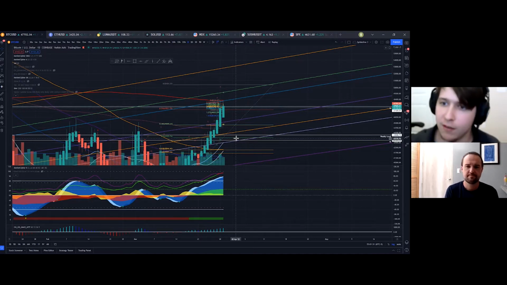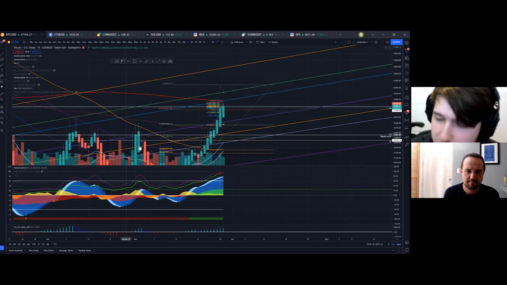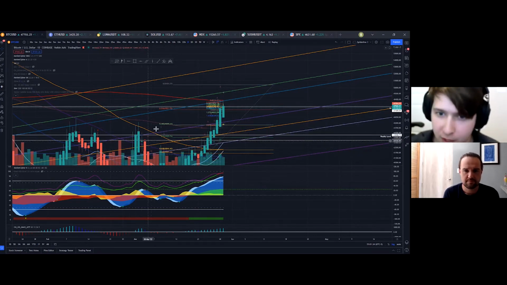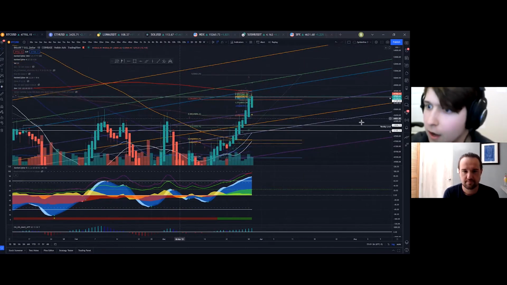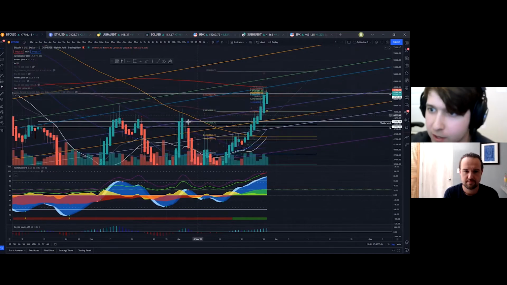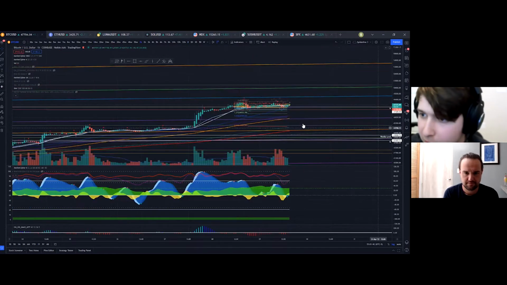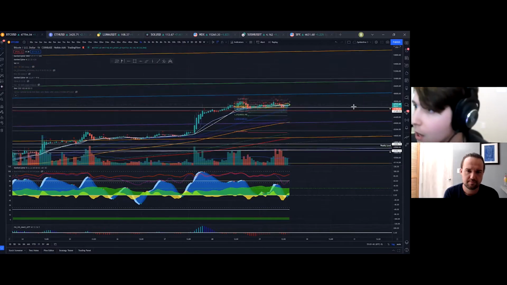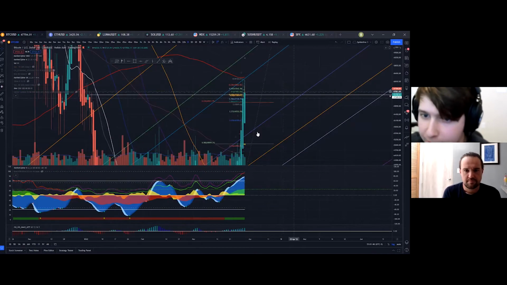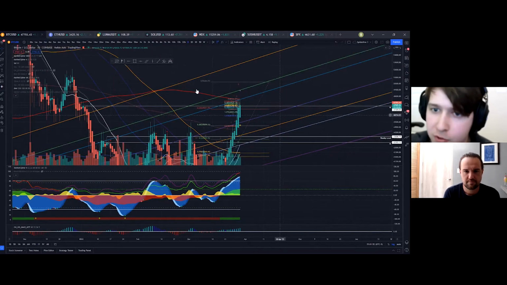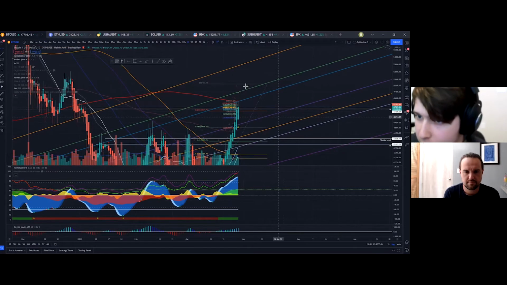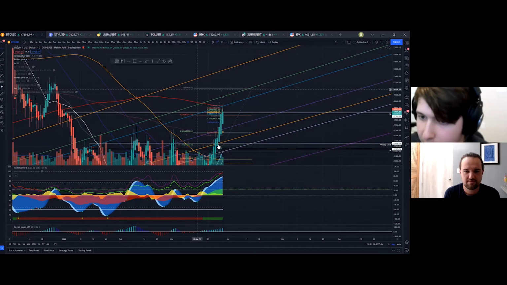So if we were looking for a pullback to 45K, and I do believe this is probably more likely than a pullback to 44K, that would mean that our daily fib level, where we're drawing our retracements from, in order for us to get that 382 sweet spot retracement at the 45K level, we would have to pump up to $50,400, which is also a spider line that we have.